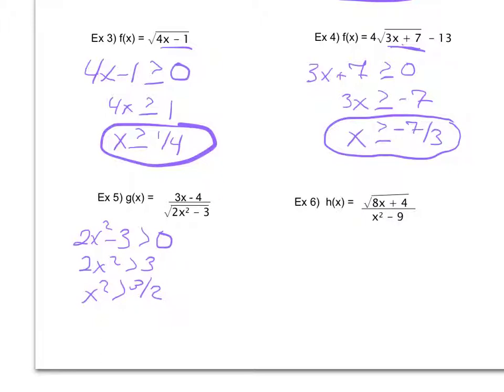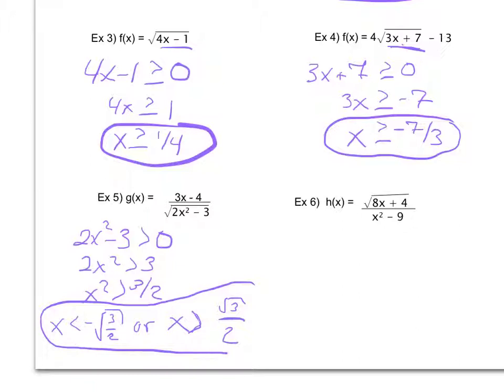So the two answers I'm going to get in this situation is either x is less than the negative square root of 3 over 2, or x is greater than the positive square root of 3 over 2. Because again, I have to remember that when I take the square root, I need plus or minus, and I have to remember that when taking a minus, I have to flip the sign. So either of those regions will make sure that I have real numbers underneath my radical.